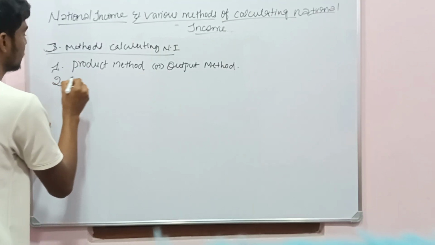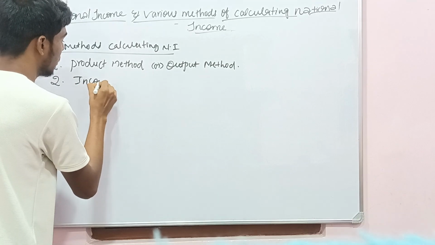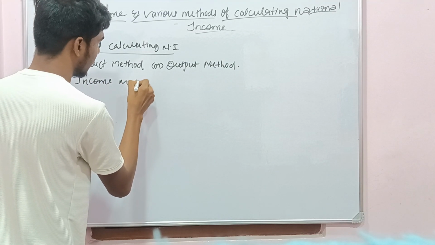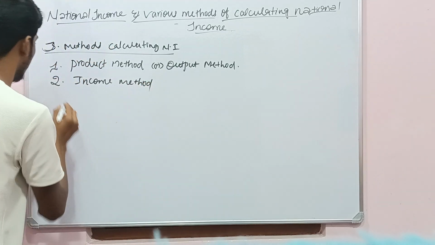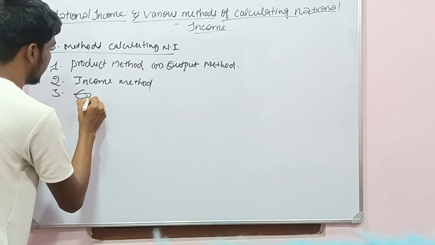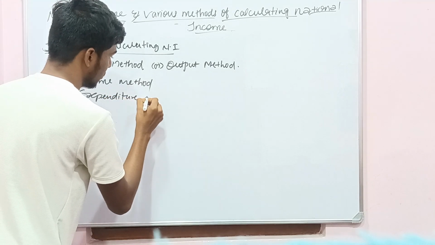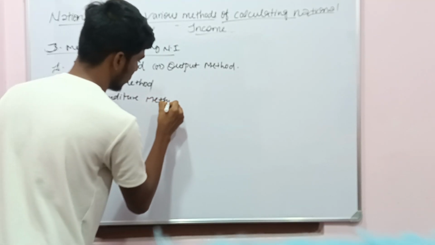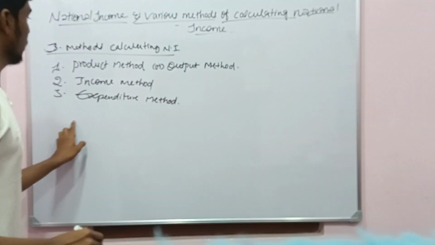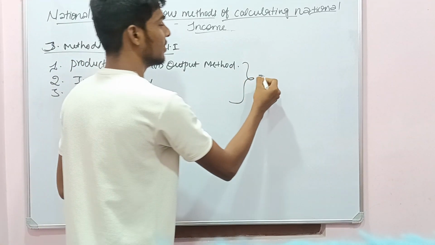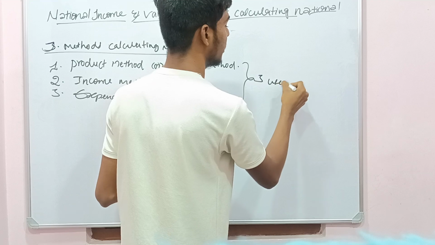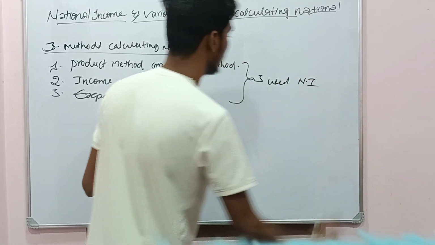Second one is the income method. Third one is the expenditure method. These three methods are used to calculate the national income of the country.